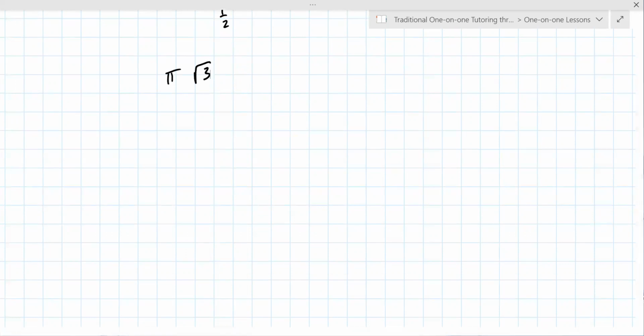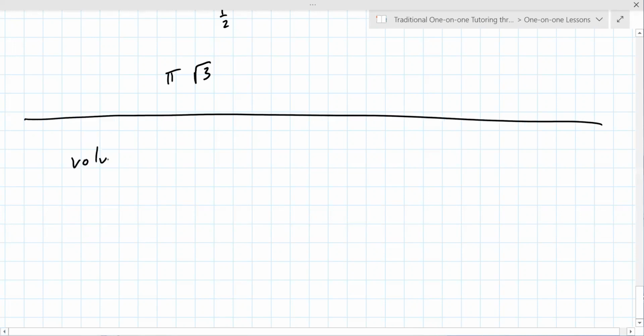All right. Let me go look for another problem here. Okay, so I should have you try one here. Let me have you find the volume of the solid y equals, let's go x square root of x from 0 to 4.